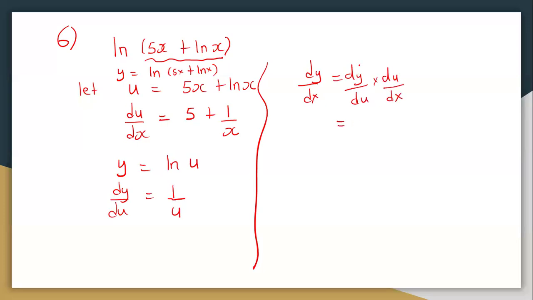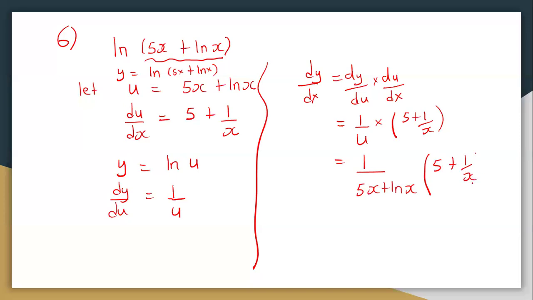So here we have dy/du, which is 1 out of u, then times du/dx, which you obtained as 5 plus 1 out of x. So when you get 1 out of u, you say 1 out of 5x plus ln x. Then everything you're multiplying times 5 plus 1 out of x.